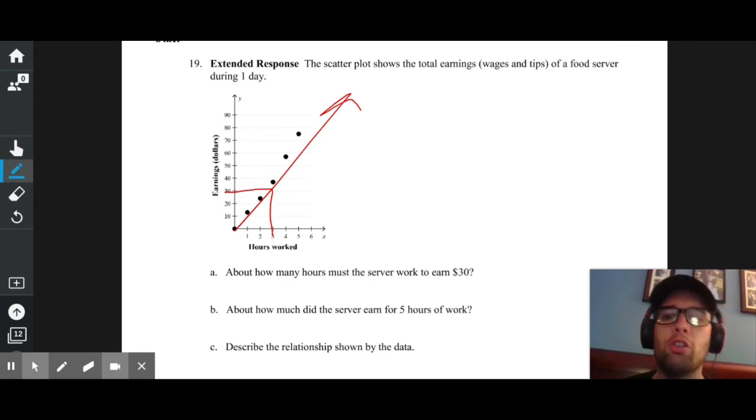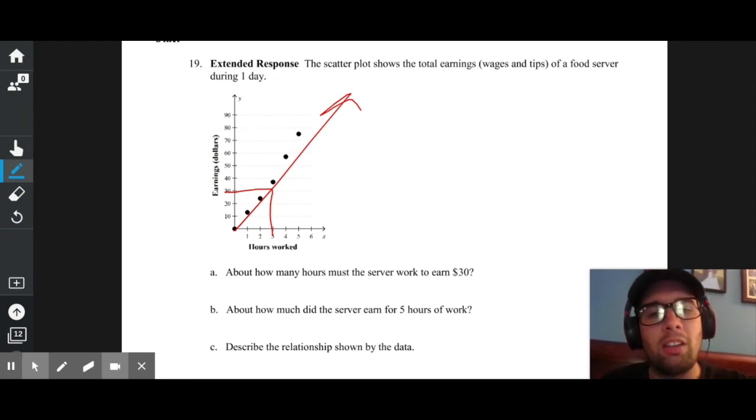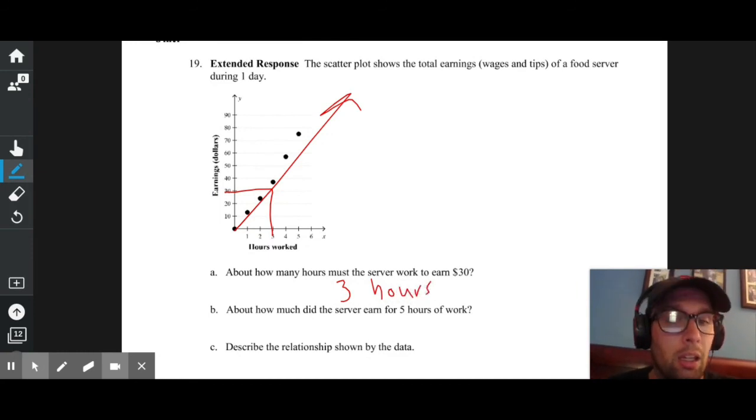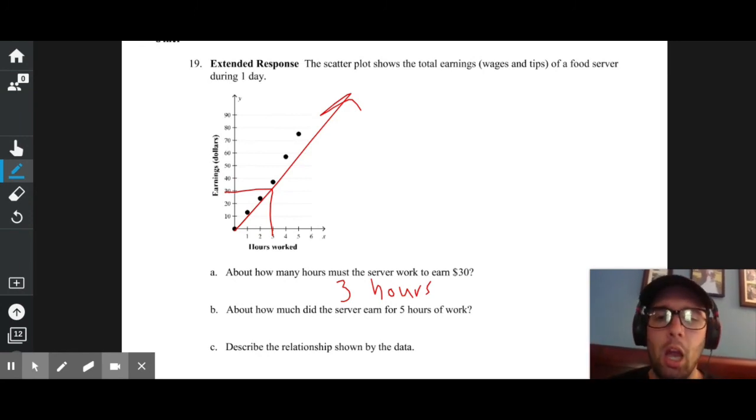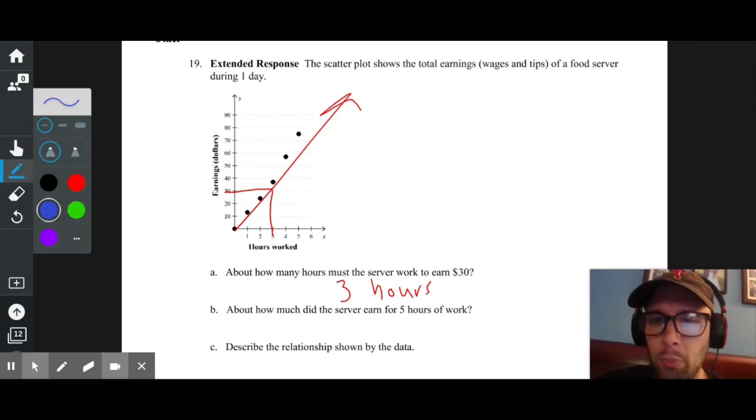After 2 hours, he doesn't make 30 yet. So during that third hour, it looks like he makes 30. So we're going to say it takes him 3 hours because if we're only going by integer numbers, I don't want to say he could earn $30 in 2.5 hours.